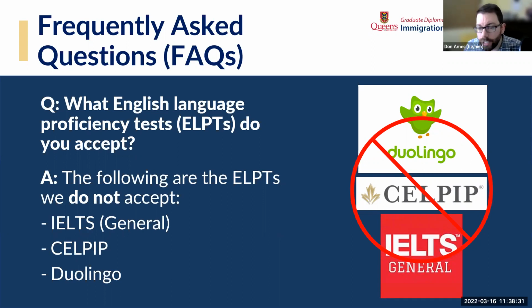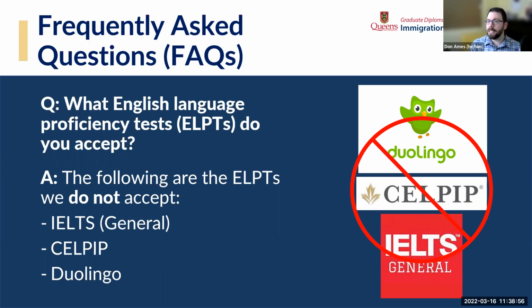There's a follow-up question. How do we determine whether someone's native language is English? On the application, you identify that. If you've done all of your study in English, if you speak English at home, if that's just the language that you've always known, that's your native language. If it's not, if you speak another language at home but you've done some studies in English, that may provide you an exemption from the ELPT requirement.